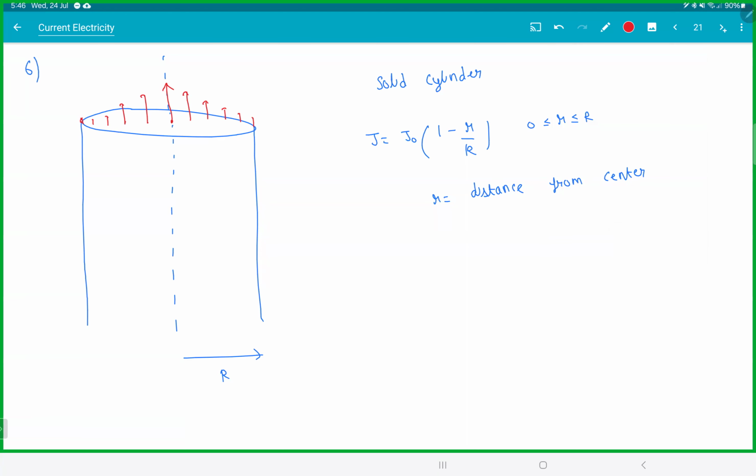Whereas in reality, it is actually reverse. More current flows on the surface and less current flows inside, at least for AC current. That is a thing called the skin effect in AC. We don't have it, but just an idea. Find the current in the conductor. Remember, J is nothing but current per unit area.